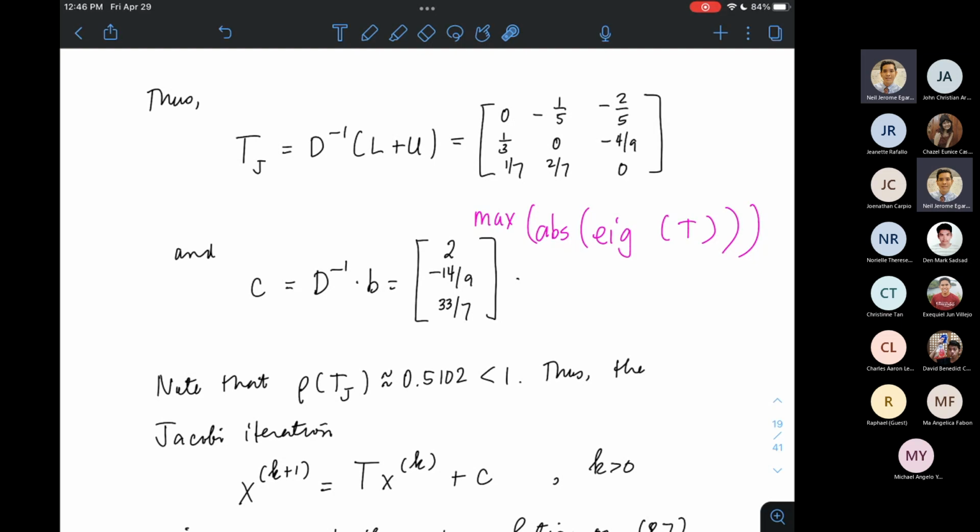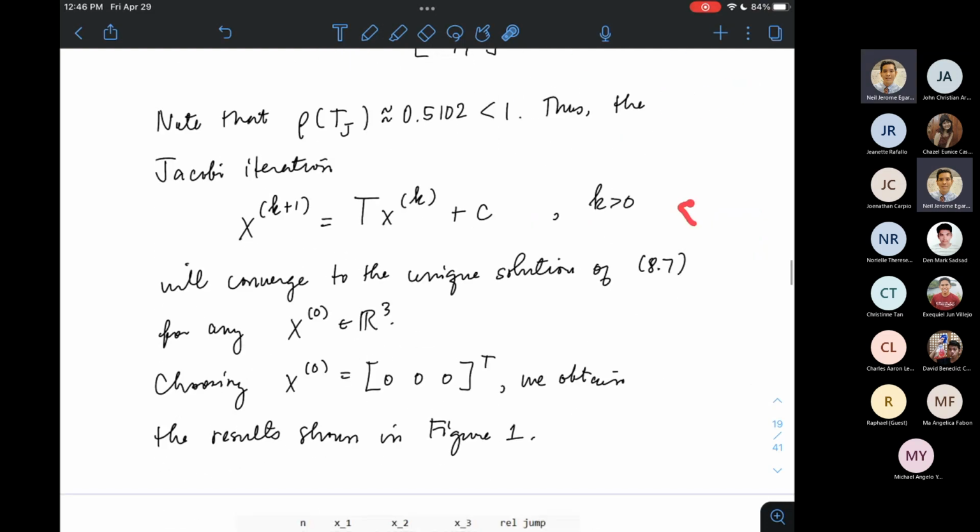At hindi lamang siya magko-converge. Magko-converge siya kahit ano pa yung initial condition na pipiliin ko. Alright? So I just wrote that here. So dahil magko-converge naman siya sa kahit na using any initial condition, so I'm gonna choose the origin as my initial vector. Okay?